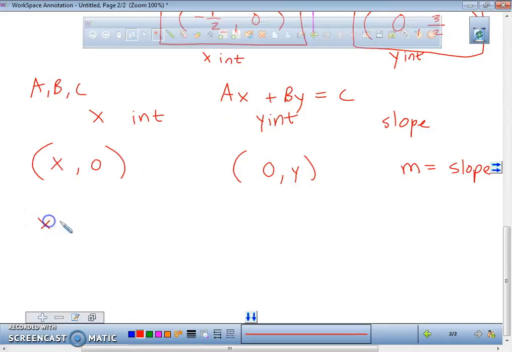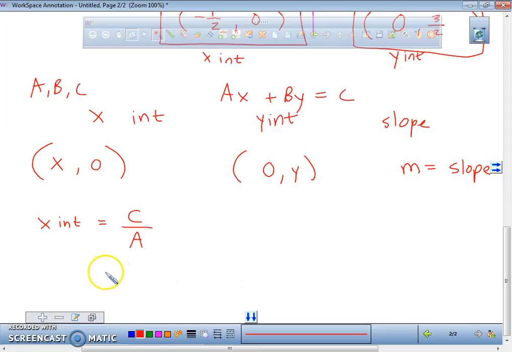If you want to solve for your x-intercept, it's always going to equal your c value divided by your a value. Whatever your c value is divided by your a value will get you your x-intercept.